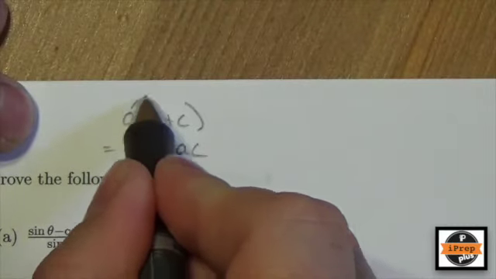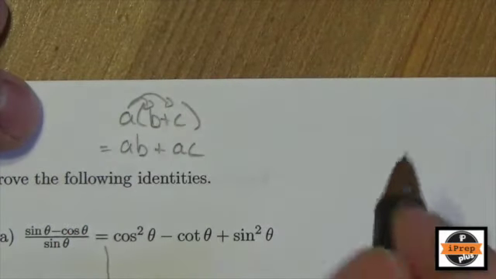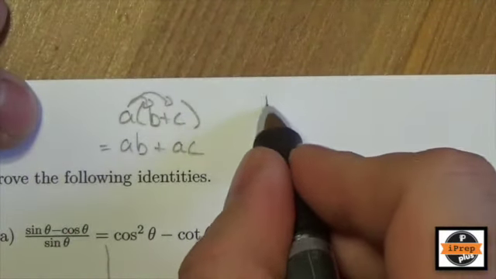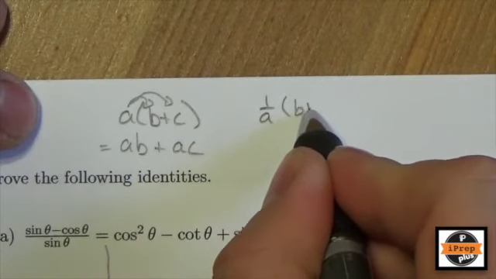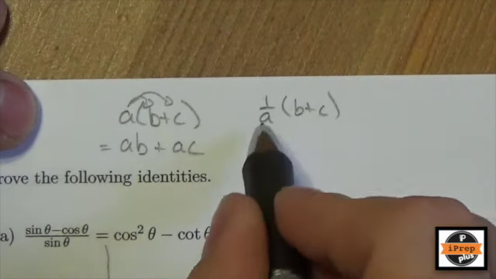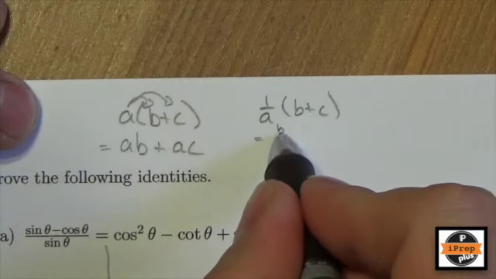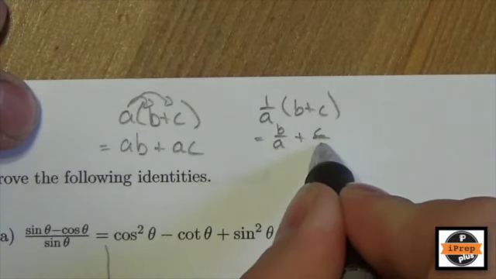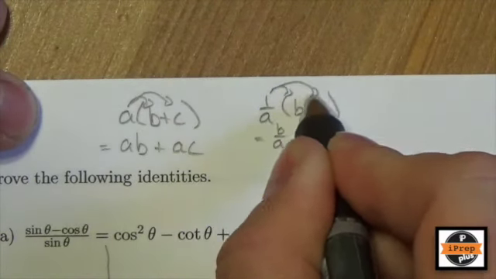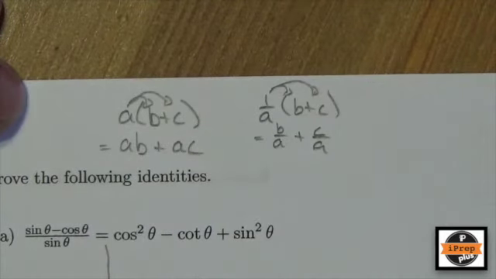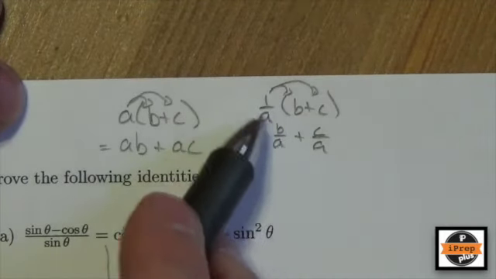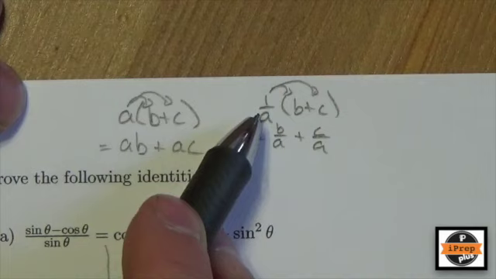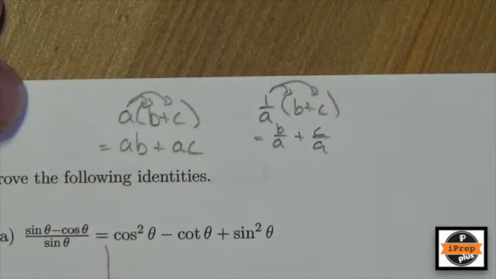You're going to distribute that A through. But that is equally true if I had 1 over A times B plus C. I would distribute the 1 over A through, so it becomes B over A plus C over A. It's the exact same property that I'm making use of here. It's just that the expression or the factor up front here is written in the form of a rational.